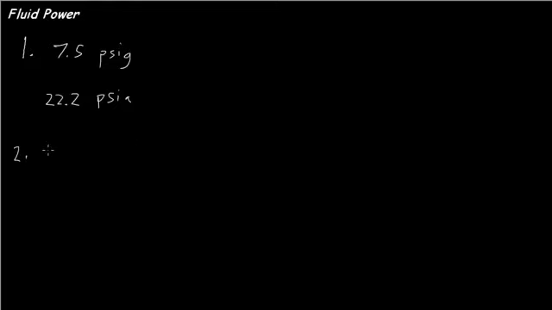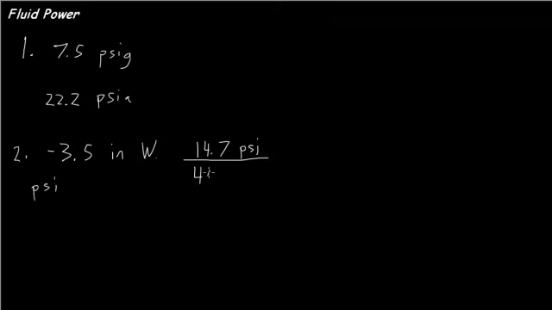2, we have a pressure of negative 3.5 inches water. We need to convert this to units in psi. So we do our conversion factor. We know that an atmosphere has 14.7 psi, and an atmosphere also has 407 inches of water.